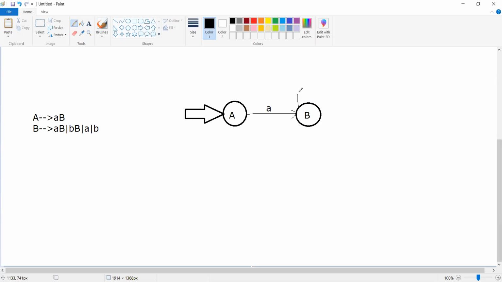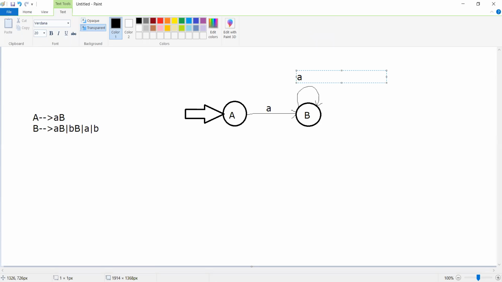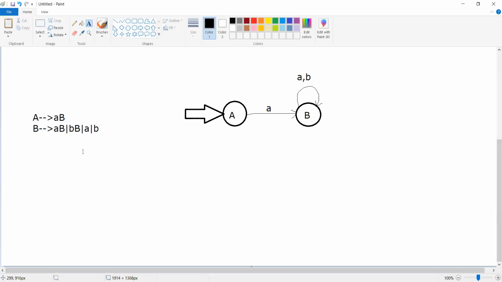Then if you observe thoroughly, on B, again by reading the input symbol b, you will be having the transition to the same state itself. So we have transition a comma b. Now from this, we can confirm that the final state in our finite automata will be B only.